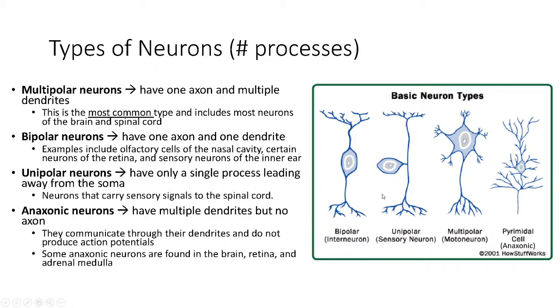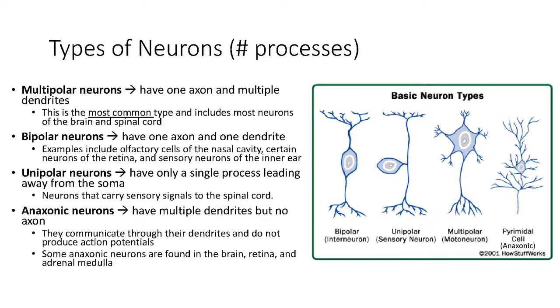Next up, we have unipolar neurons. These tend to be sensory neurons. And as you can see, there's one process that comes off, and then it sort of branches in two directions. One direction is going to be the dendrites, the other is going to be the axon carrying the signal away. But technically, there's one process coming off, so it's a unipolar neuron. And these are going to be the sensory neurons that carry information from the sensors around the body to the spinal cord.